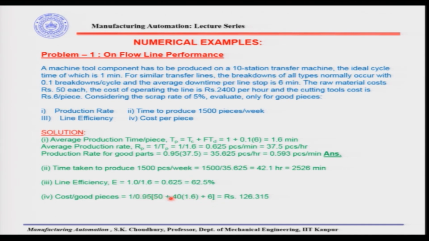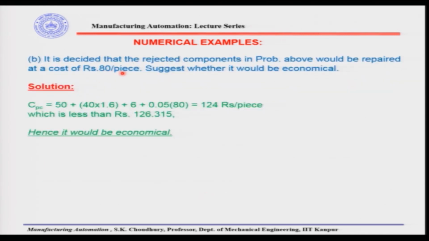Apart from that, we have to incur a cost of rupees 80 per piece. So, for the rejected pieces, 0.05, it has to be multiplied by the cost, and overall these are not changing.